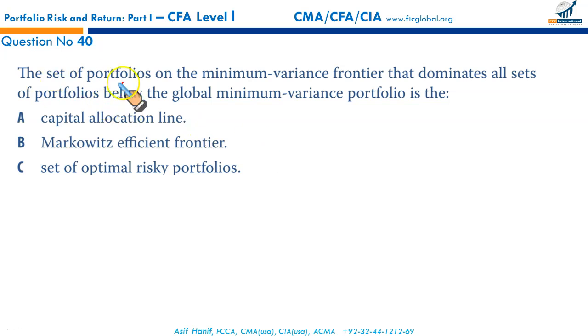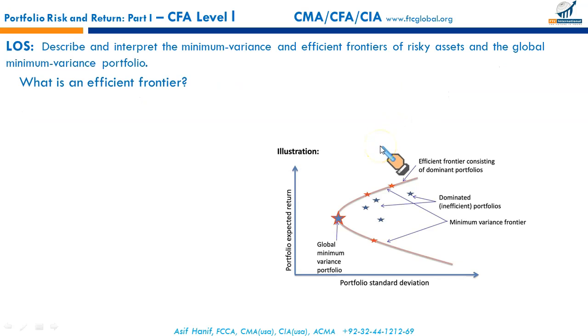Okay, next question. The set of portfolios on the minimum variance frontier that dominates all sets of portfolios below the global minimum variance portfolio is: Markowitz efficient frontier. This is the one here. So remember, Markowitz efficient frontier has higher rates of return for a given level of risk.